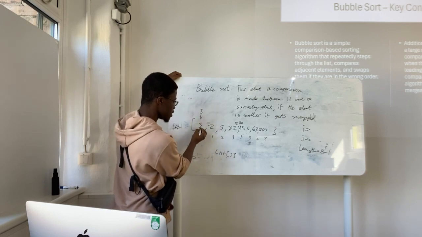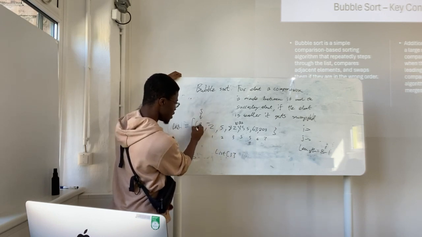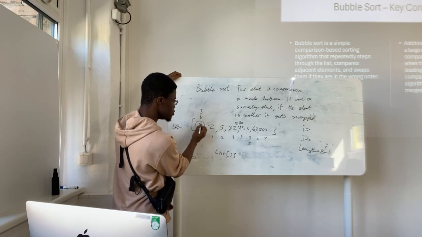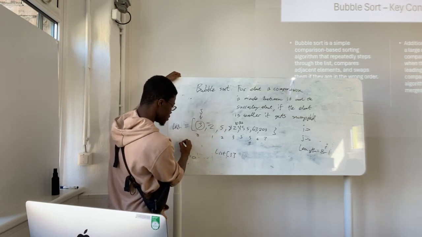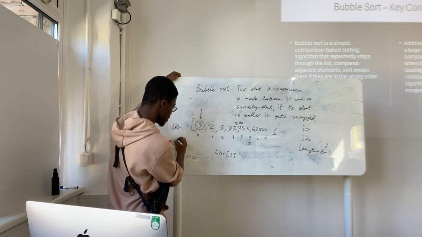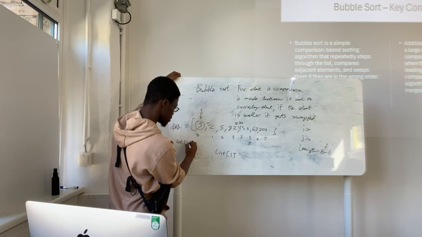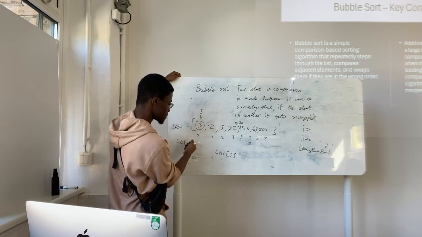Every time j traverses to a new position, it's going to take its value. So that would be the list at index j. And what is j again? 0. So what's the value at j? 3.